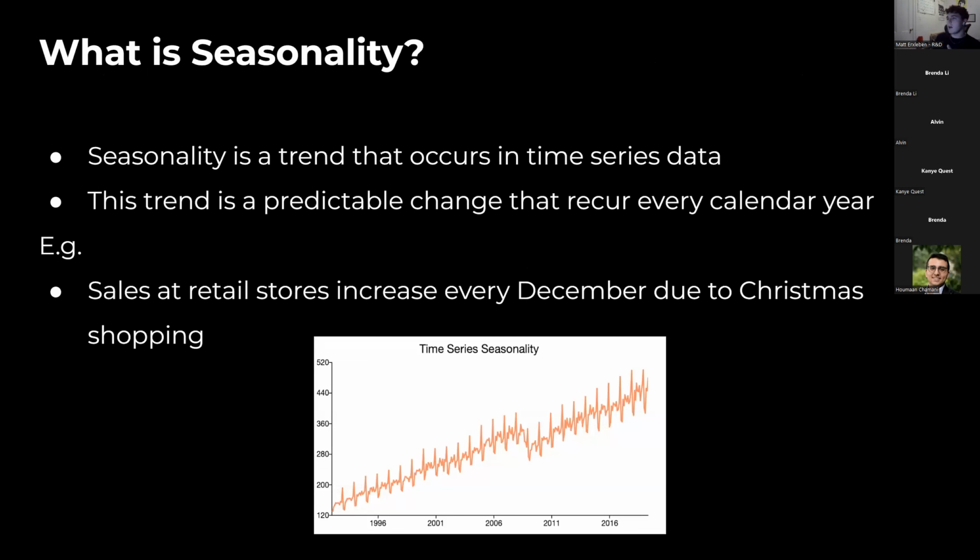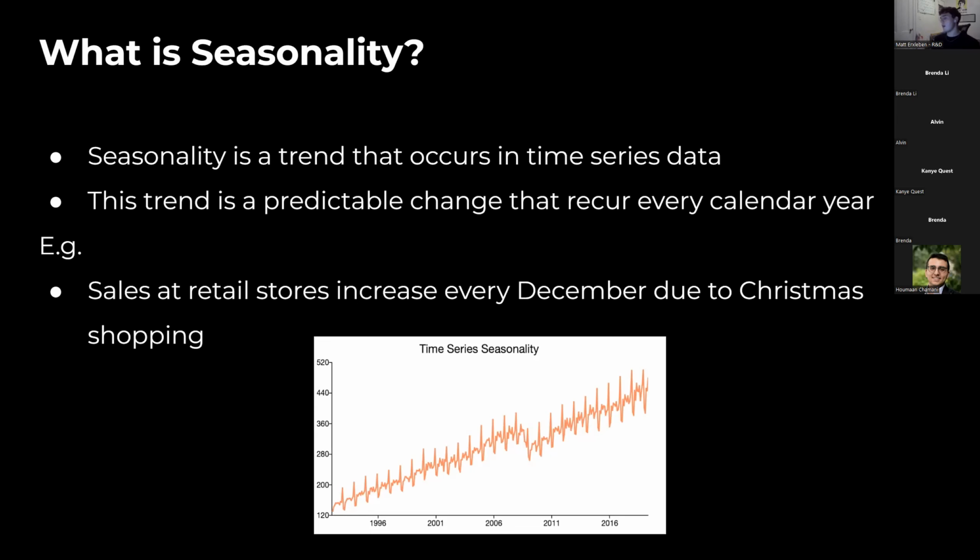And so seasonality is a trend that occurs in time series data, and it's a predictable trend or change that reoccurs every single calendar year at the same time due to the season or some time of the year or at some point in time. So an example of this can be like Black Friday sales.